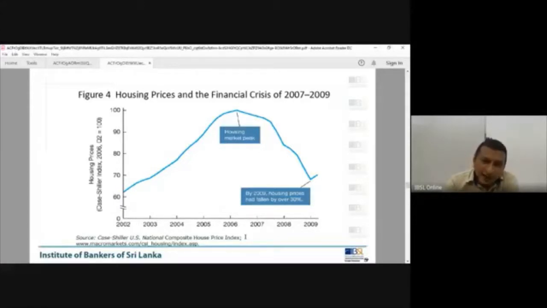You see, up until the second quarter of 2006, the prices were only one directional. It is increasing, it is increasing. So anybody who purchased in 2002 will see that it increased substantially by 2006 Q2.